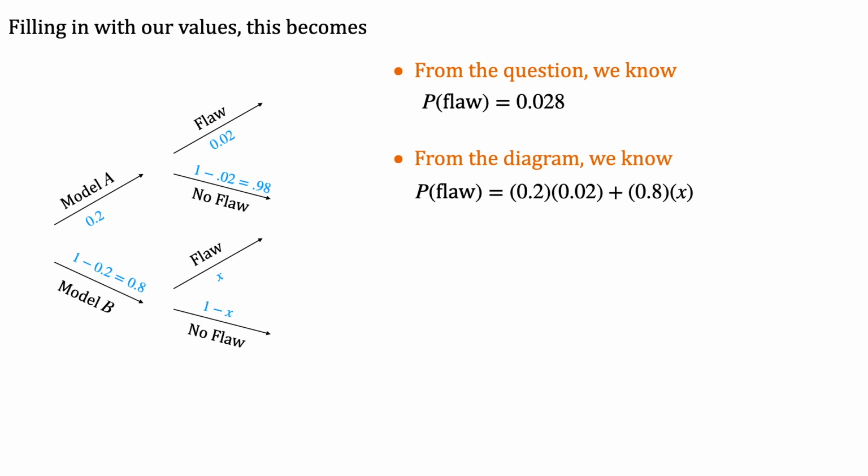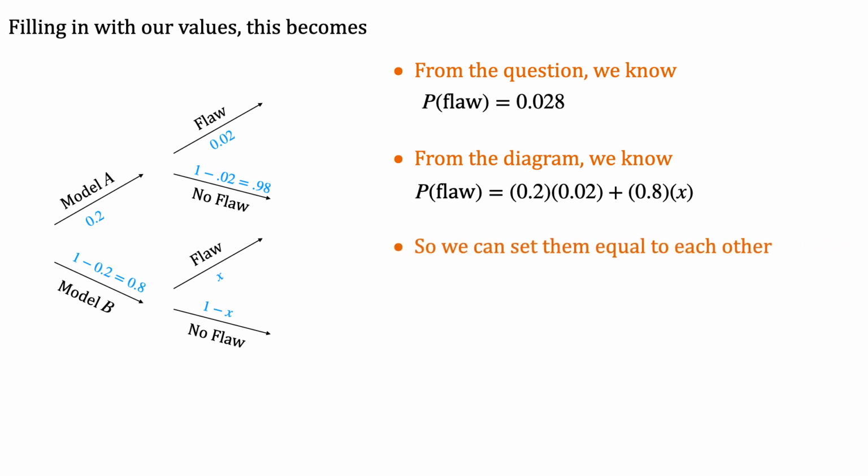So the probability of flaw is 0.2, because that's Model A, times 0.02, because that's Model A with a flaw. Then we add Model B, which is 0.8, times x. Now we have two expressions for the probability of flaw: it equals 0.028, and it equals 0.2 times 0.02 plus 0.8 times x.